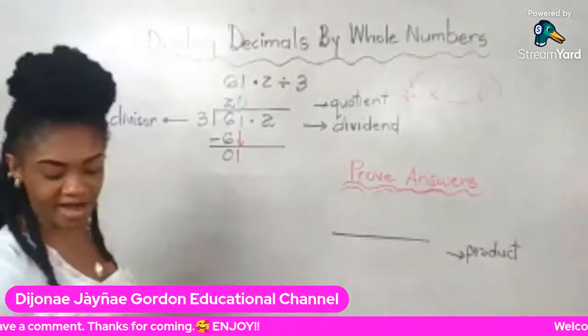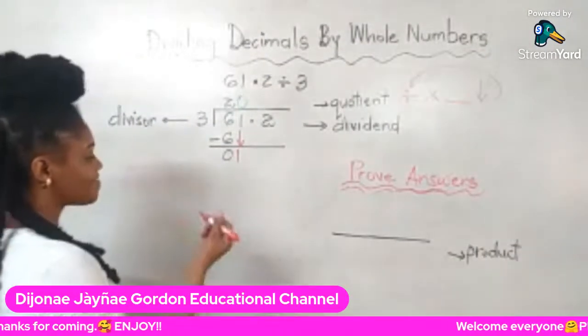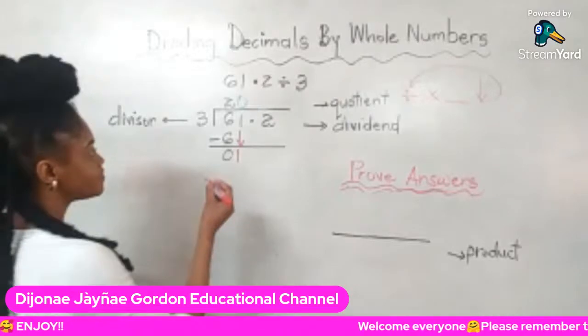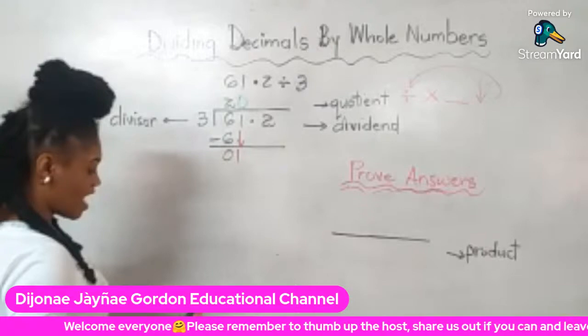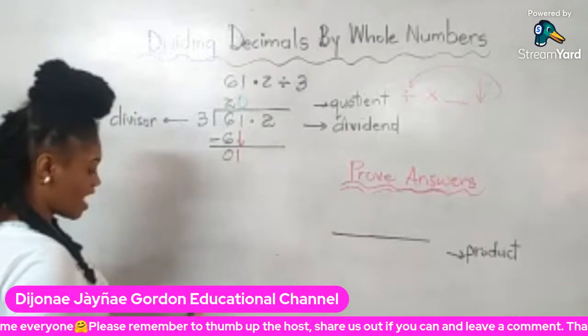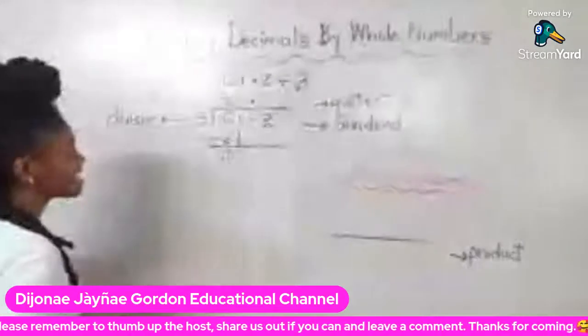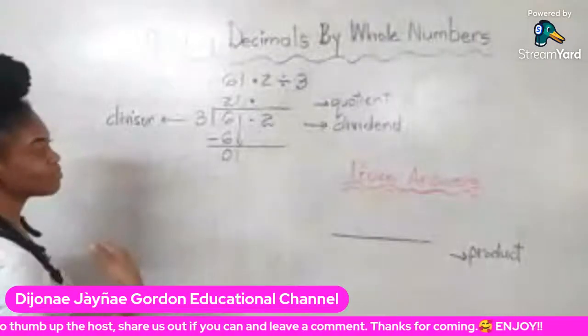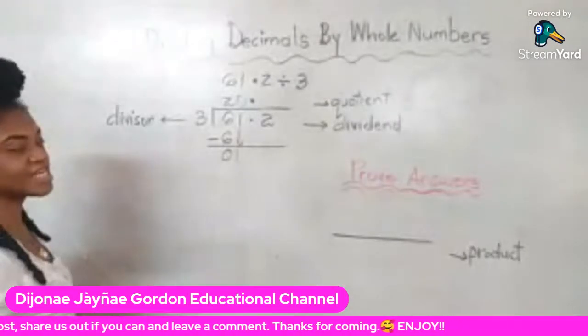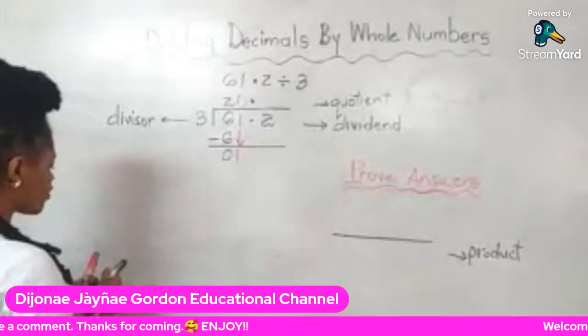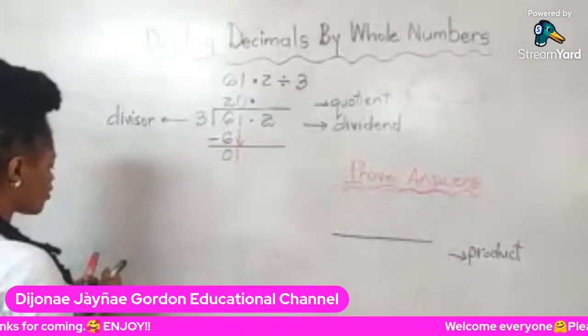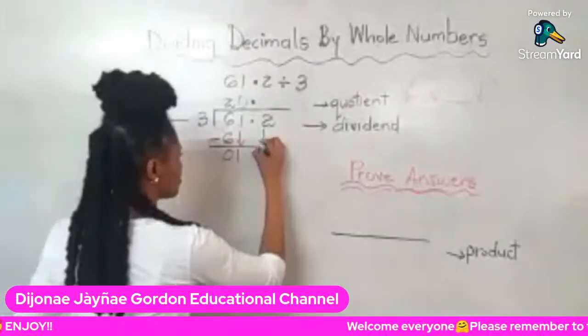We have our decimal point, and we put it right here in our quotient. Then we bring down the next digit, which is the 2, in the tenths place.